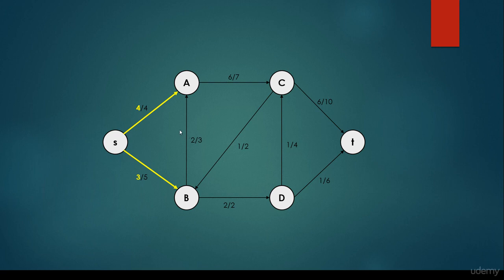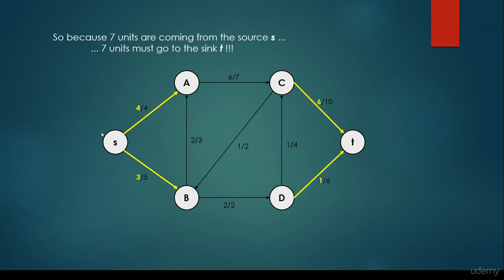And what's very important is that if we calculate the outgoing flow for the source vertex, it is 4 plus 3. Okay, so because 7 units are coming from the source S, that's why 7 units must go to the sink T. And we have 6 plus 1, so 7 flow is going in the direction of the sink.